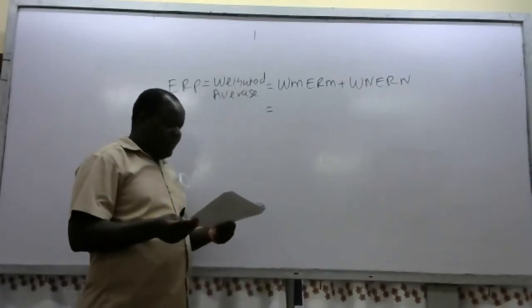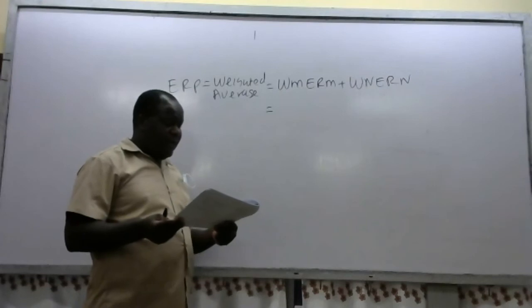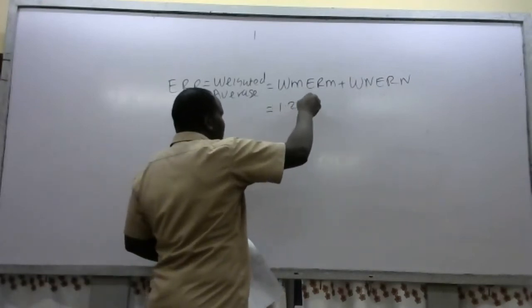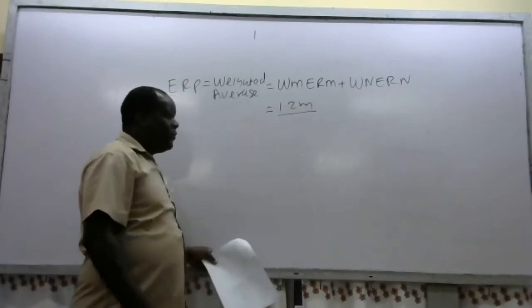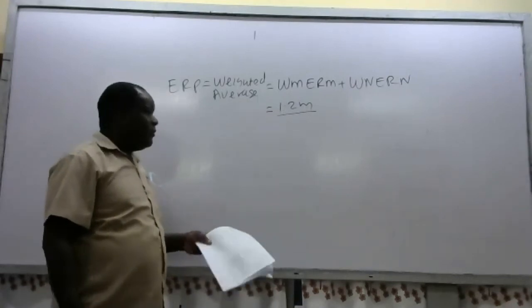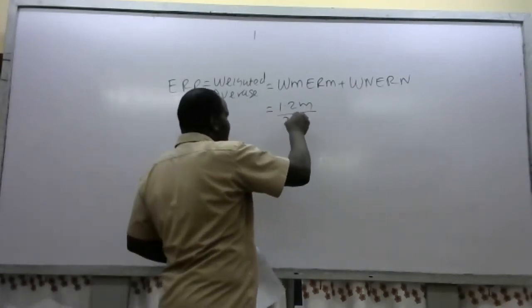That is 1.2 million amount of money invested in M, divided by the total. When you add 1.2 plus 0.8, it gives you 2 million.